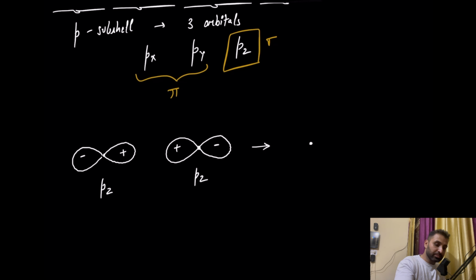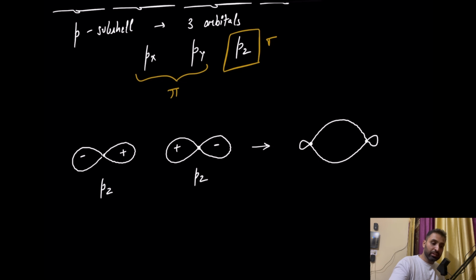So that's the first nucleus, and that's our second nucleus. The two lobes of same sign got fused, and we got the smaller lobes over here and here.